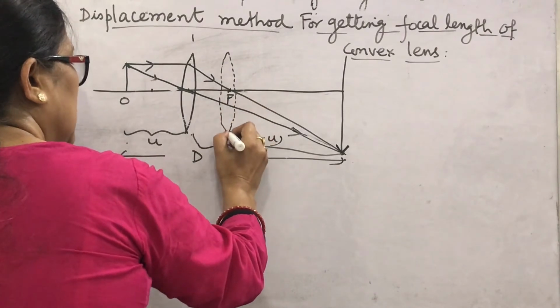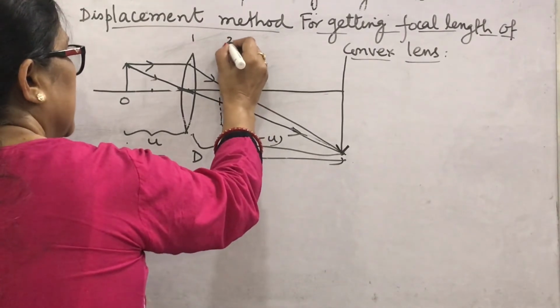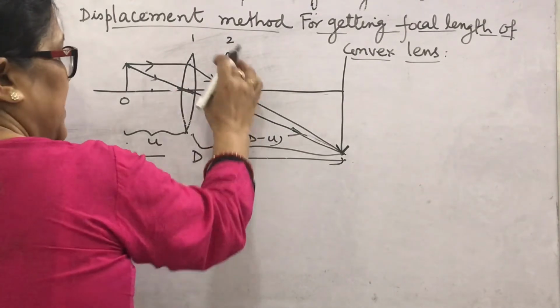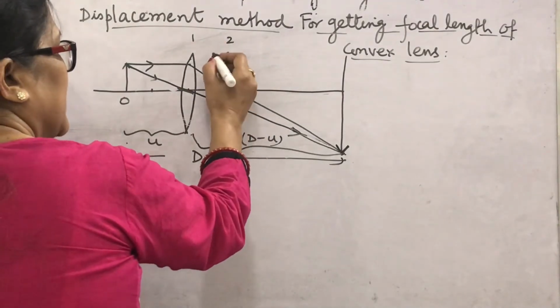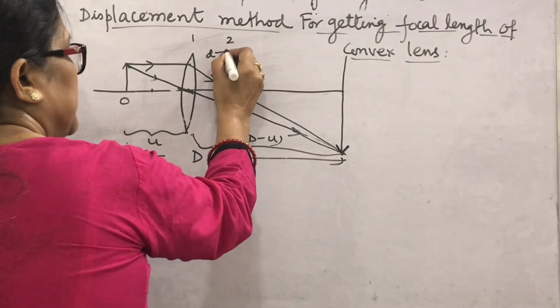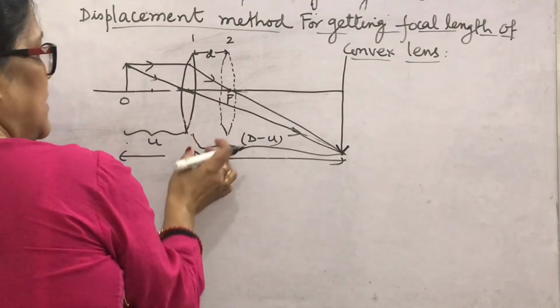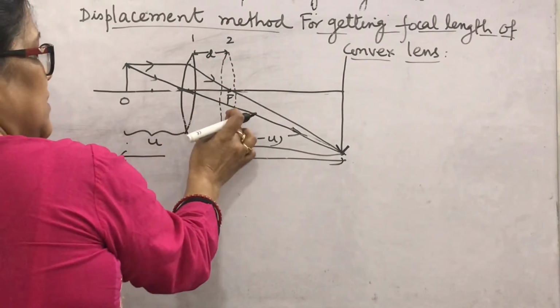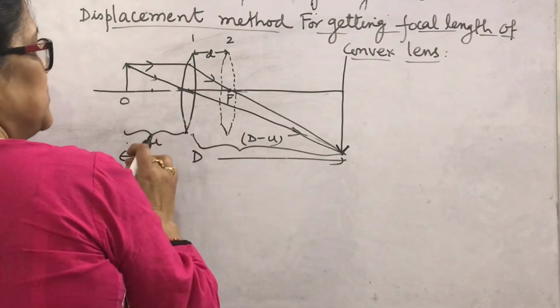I am showing the second position of the lens with the dotted one. The lens is shifted from here to here, and suppose this displacement is small d. What is small d? The distance between the two positions of the lens.